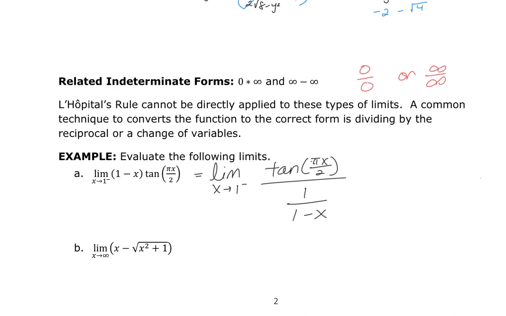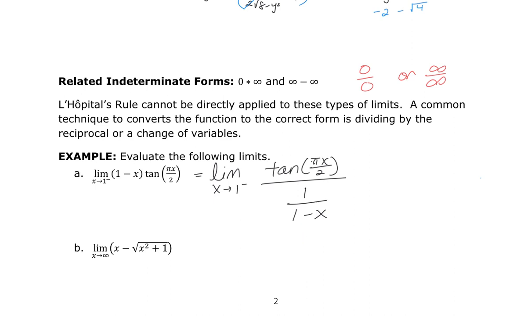Now I've got to see whether or not doing it this way is going to allow me to do L'Hopital's. When I put in 1 from the left, this is going to go to infinity. If I put in 1 from the left here, this is going to be 1 over 0. And what does that mean?